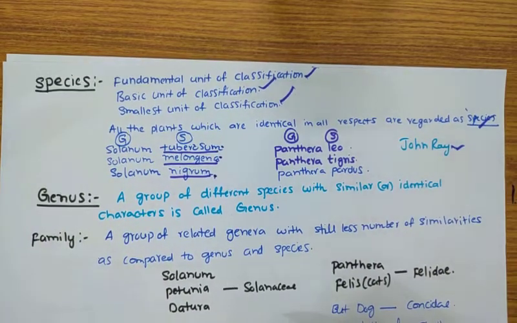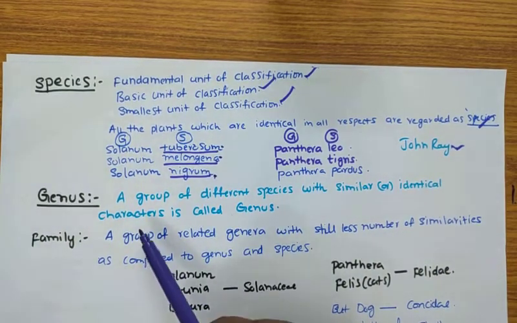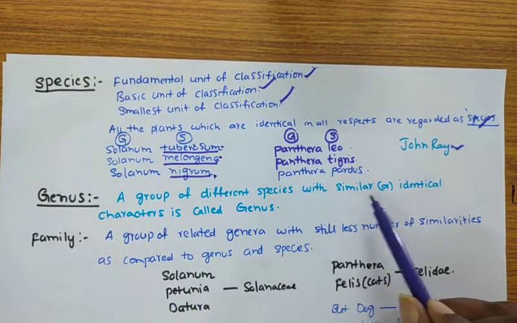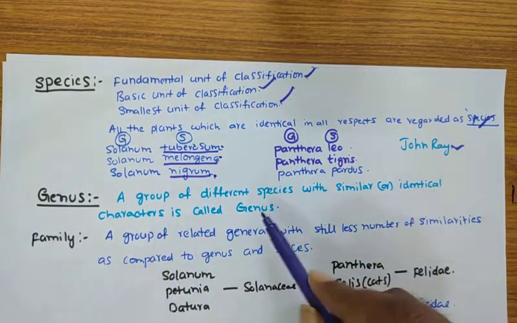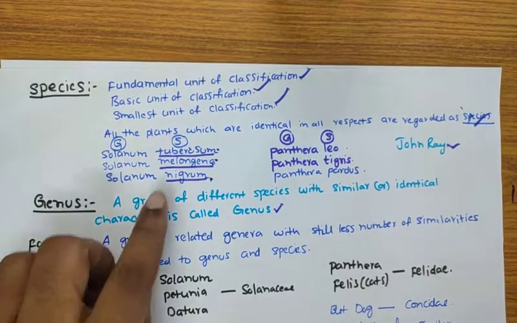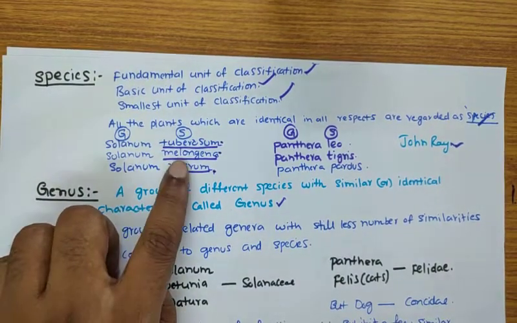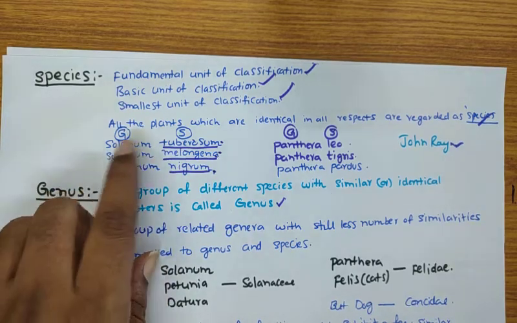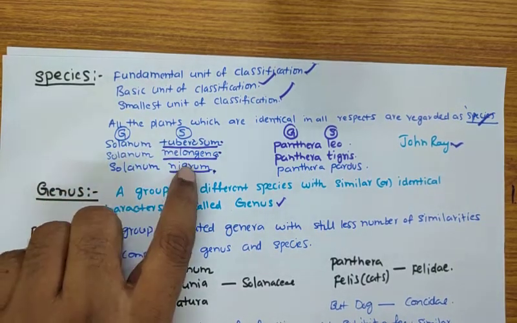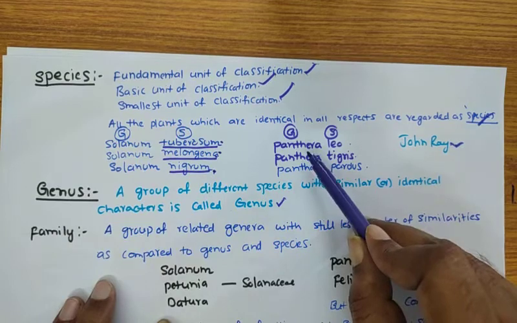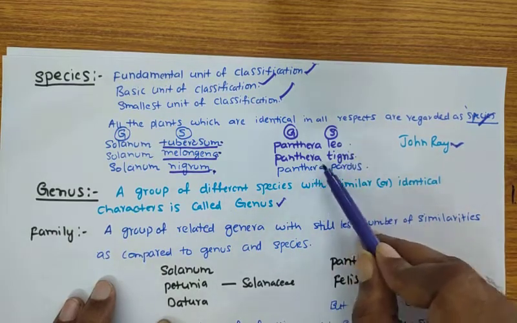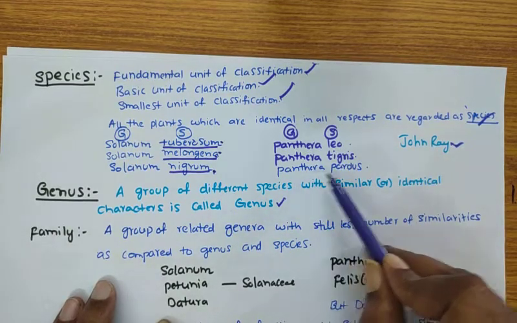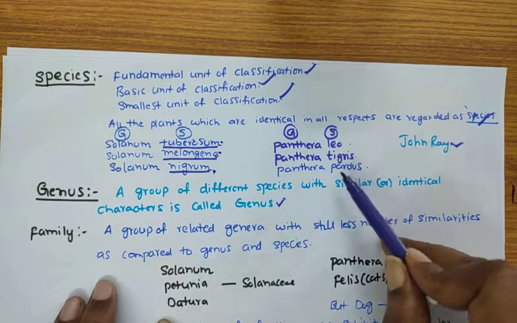What is the genus? A group of different species with similar or identical characters is called genus. Nigrum, melongena and tuberosum all belong to Solanum: Solanum tuberosum, Solanum melongena, Solanum nigrum. Like that, Panthera leo, Panthera tigris, Panthera pardus.